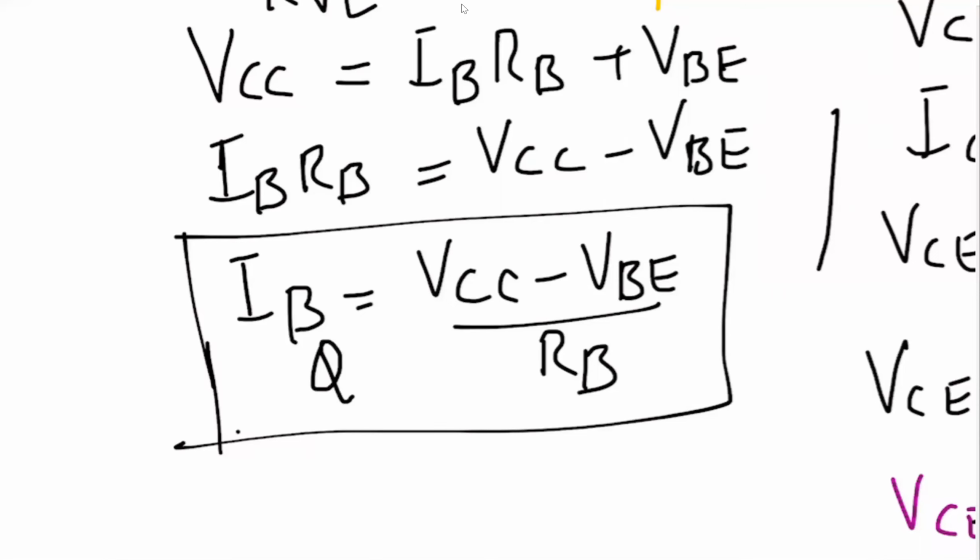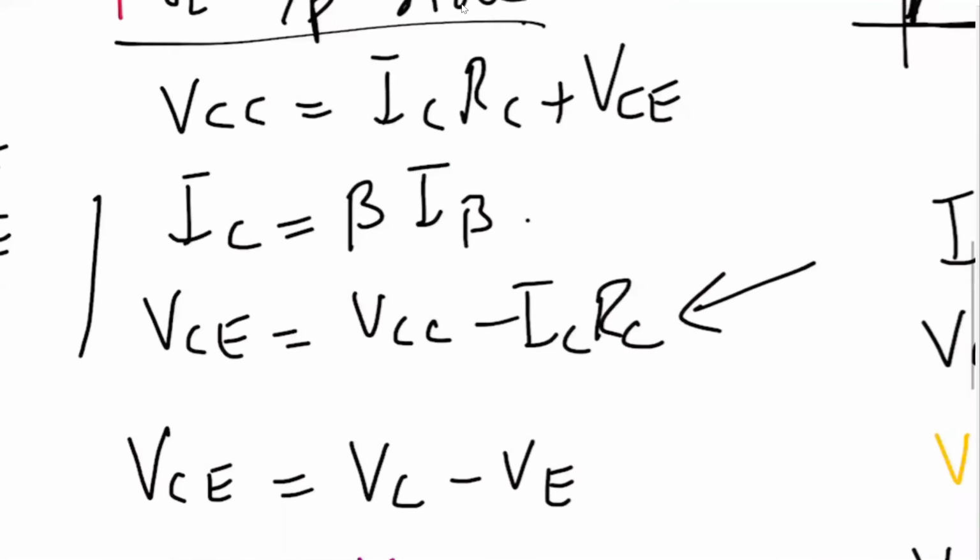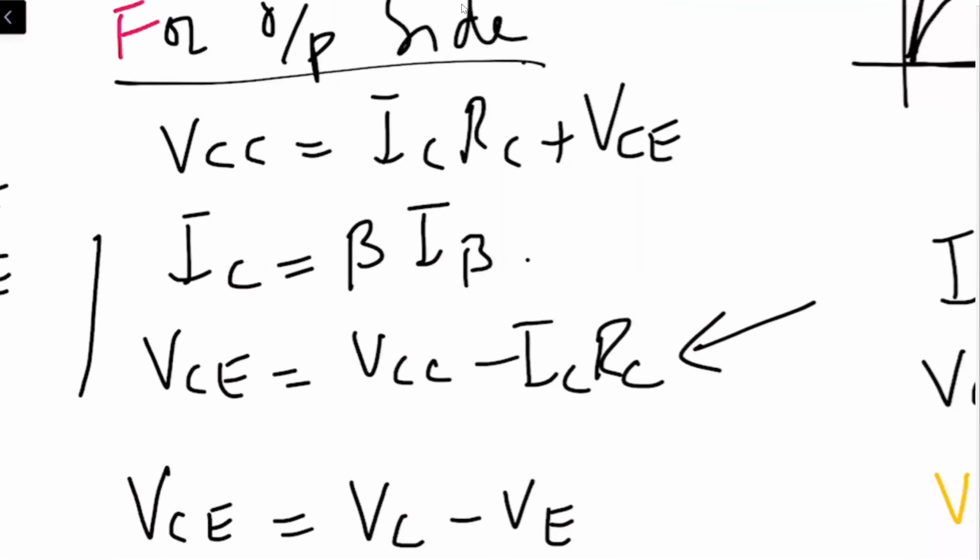Right? So if we are going to have a change in the base current, this means correspondingly, if you see this equation over here, we have the corresponding change in the collector current as well. So if the base current varies, the collector current will also vary, right?